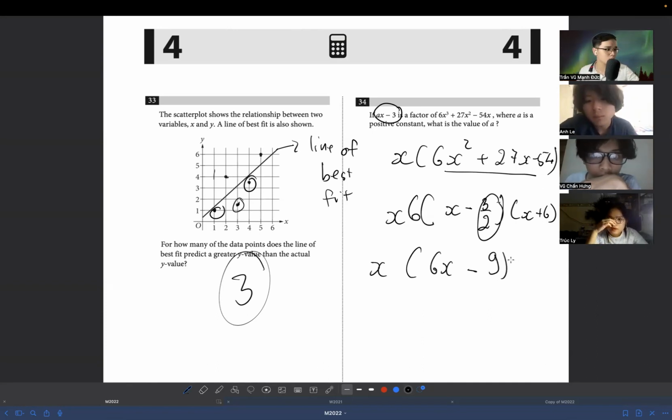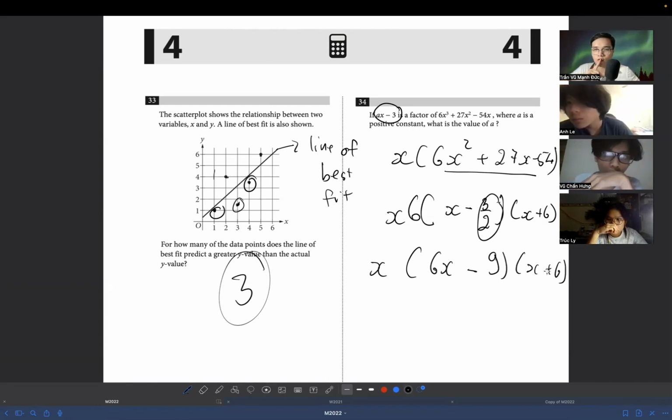What's wrong? 3 times 3 is 9, x plus 6. This doesn't look correct. Let me check if I made any mistakes.